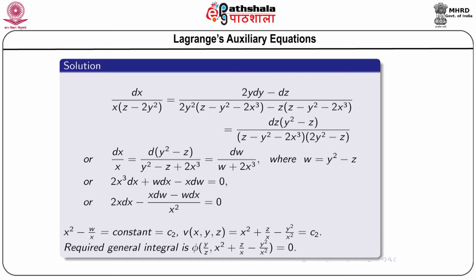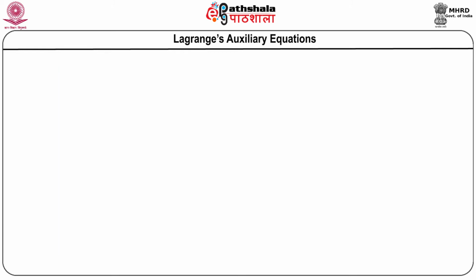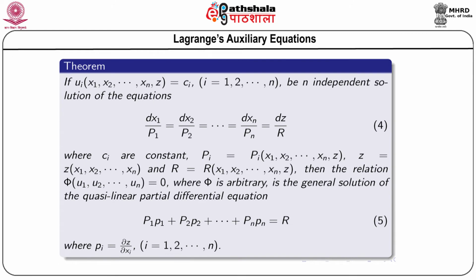So, in this example, we find that the solution of the quasi-linear equation can be obtained from the solution of the corresponding auxiliary equation, and it is easy to find it that way. Now, the previous idea can be extended for n independent variables, and the corresponding theorem is stated here.